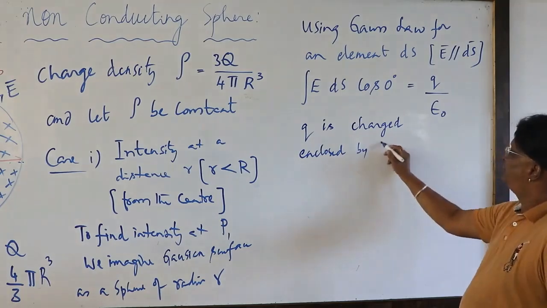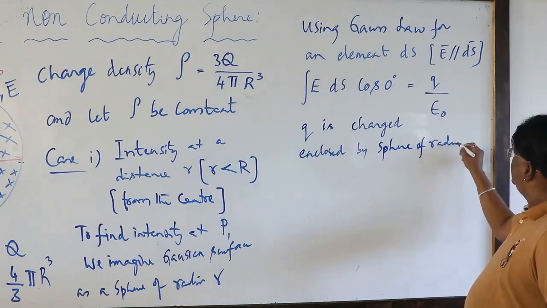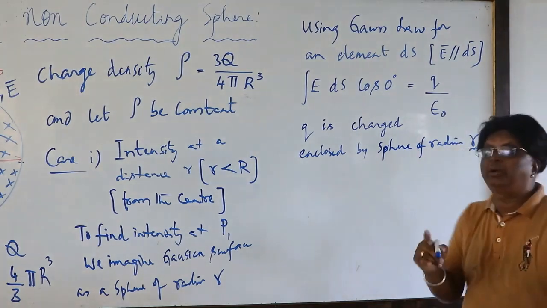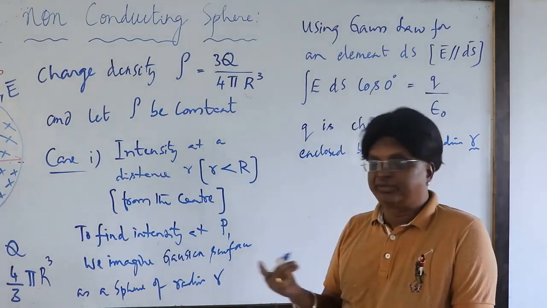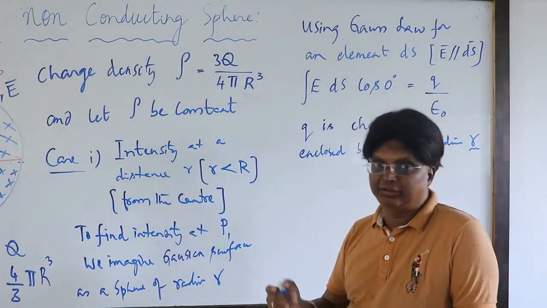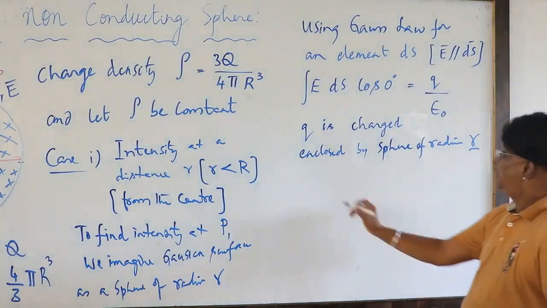Therefore, q is the charge enclosed by the sphere of radius small r. It is not capital Q, it is different from capital Q, and obviously small q is less than capital Q because it's a smaller volume, right? Now how do you write this q?